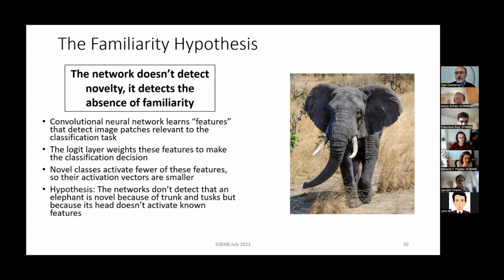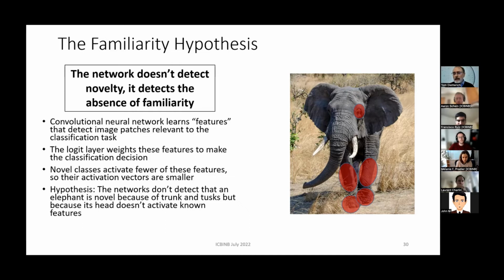So, for example, if we had never seen an elephant before, according to the familiarity hypothesis, the only things that might be activated would be detectors for feet, for legs, maybe for eyes. And it would say, well, gee, I just don't see very many familiar features here, so my logits are going to be small.